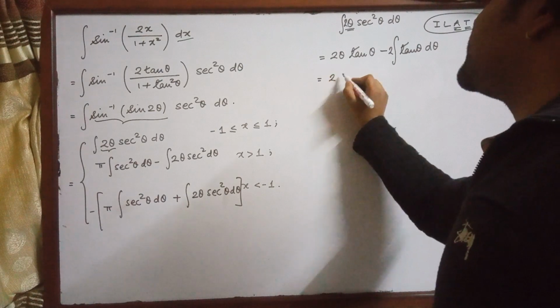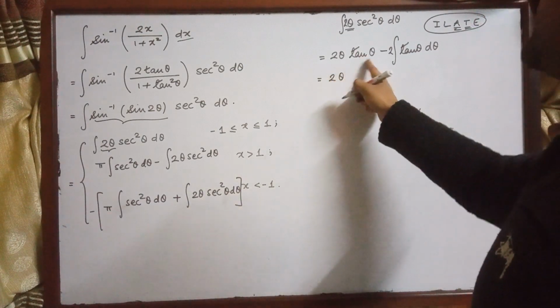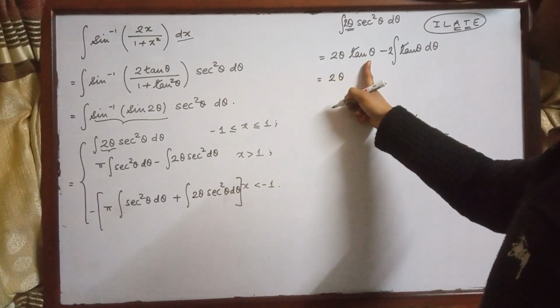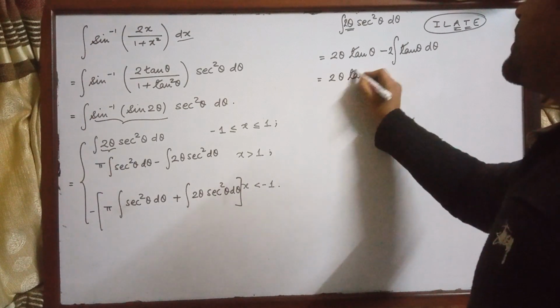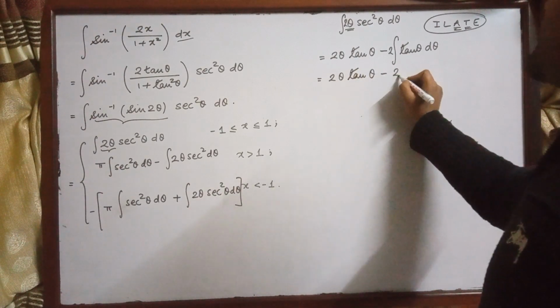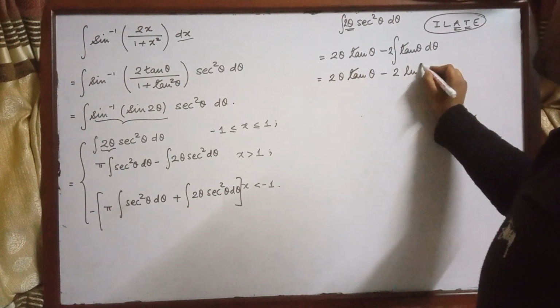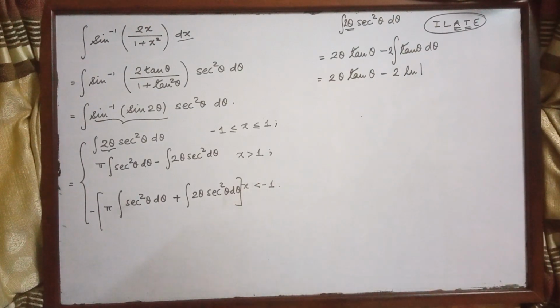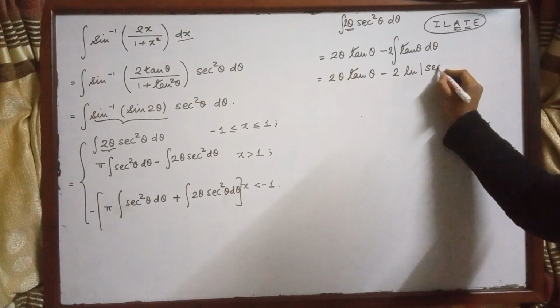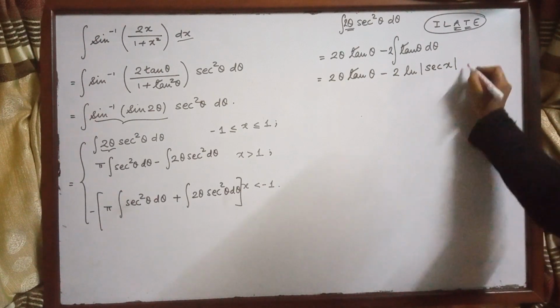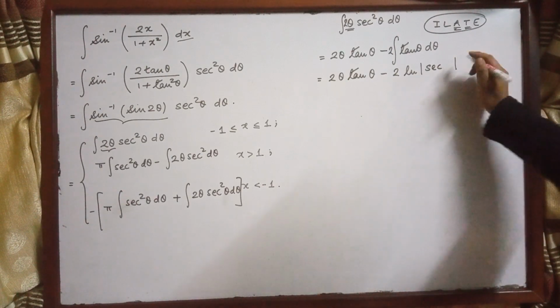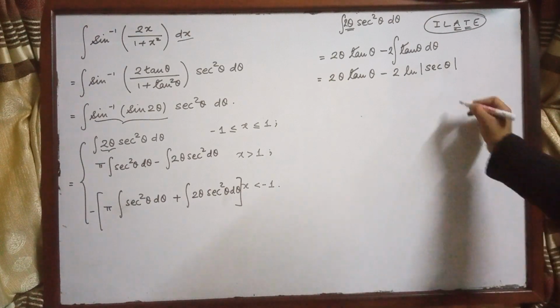This is equal to twice theta tan theta, minus twice log of secant of theta.